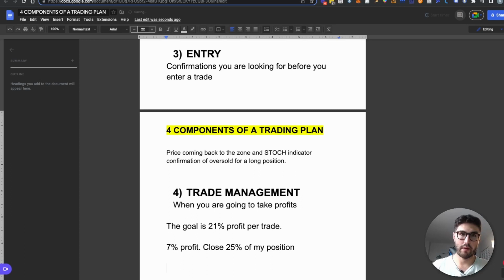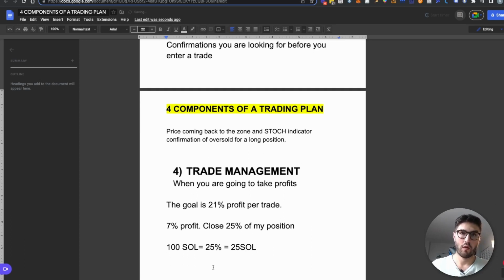What I mean by that is, if I have a position open of 100 Solana, for example, when I have reached the 7% profit on my position, I'm going to close 25% of my position. So 25% would mean that I would sell 25 Solana, okay?